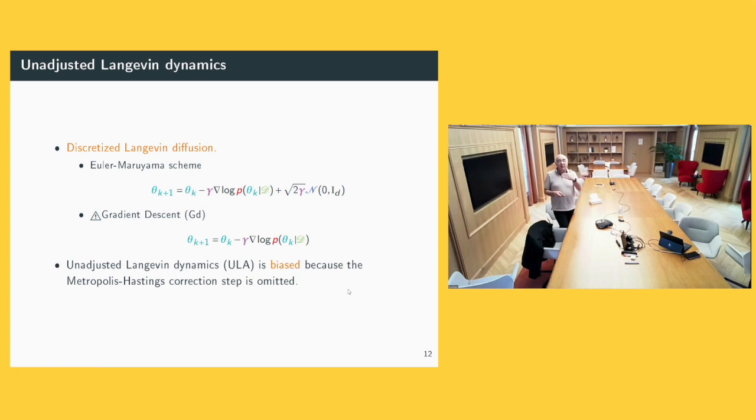You use the step size gamma, compute the gradient at theta k, which is the current fit, then add the increment of the Brownian motion, which is square root of 2 gamma times a Gaussian variable in dimension d. You obtain a recursion which looks exactly like stochastic gradient descent, and on top of it, you add some noise.